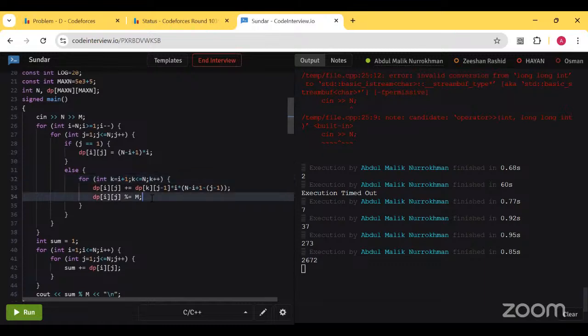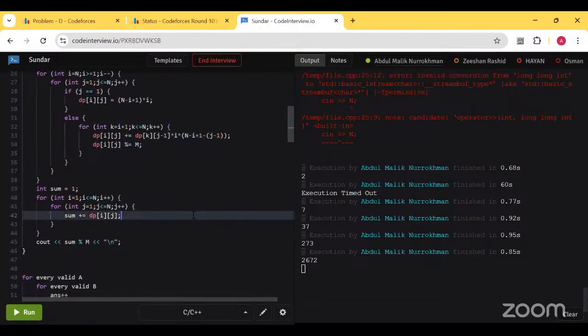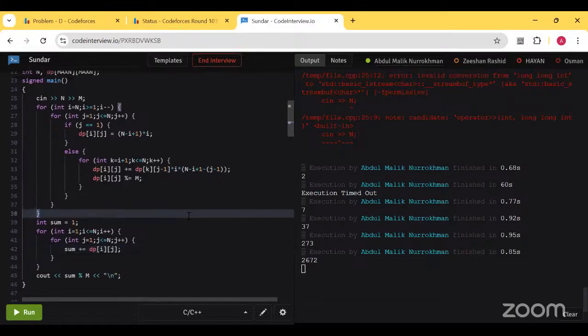Any idea how to optimize this? How to remove this for loop?